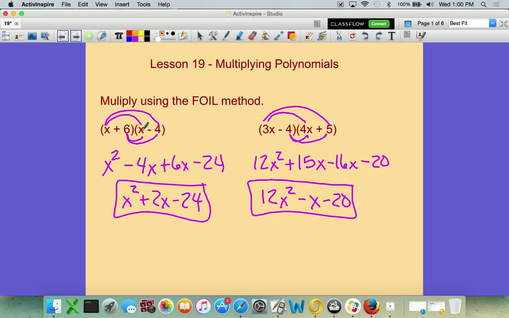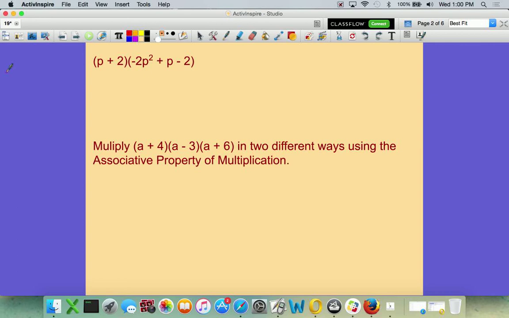So this x was multiplied by both of these, and then this 6 was multiplied by both of those. So then, if we do that concept, we're going to take this p, multiply by that one, and that one, and that one. When we do, we get negative 2p cubed plus p squared minus 2p.